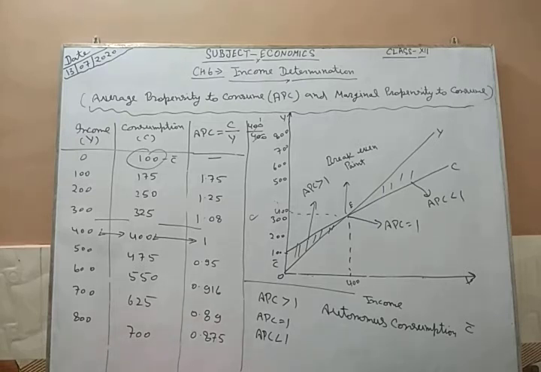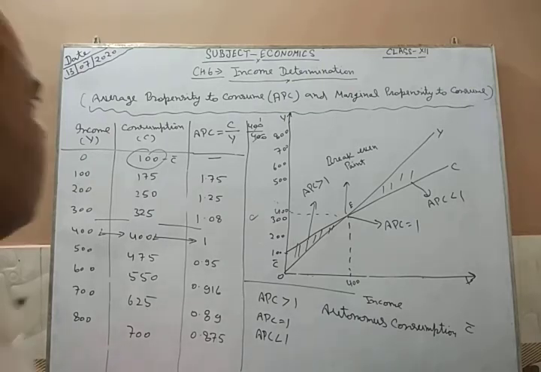So students, this is the concept of average propensity to consume, and I hope this is clear to students or needs some more explanation. In this table you can see at the income level of 400, APC is 1.